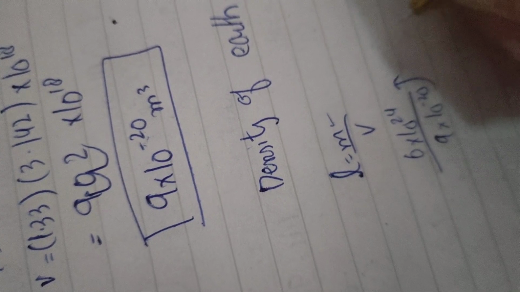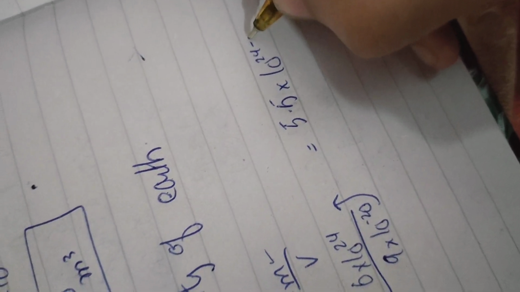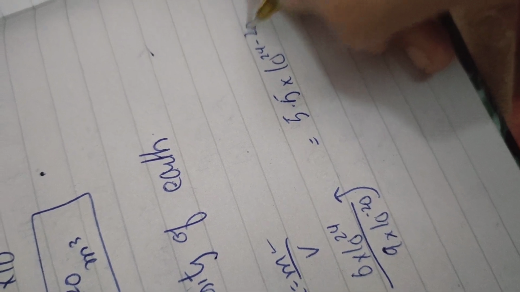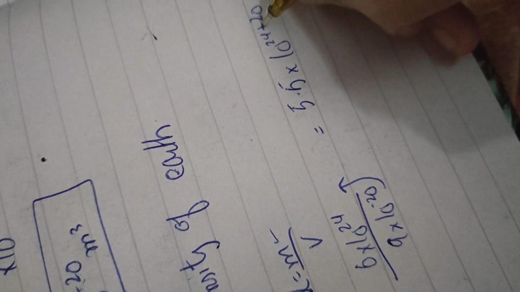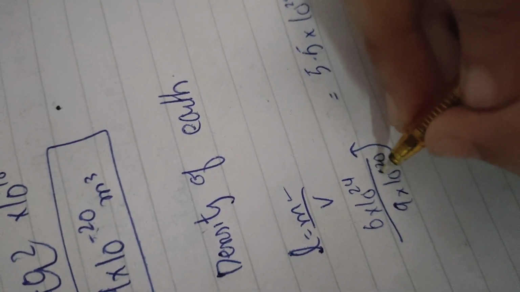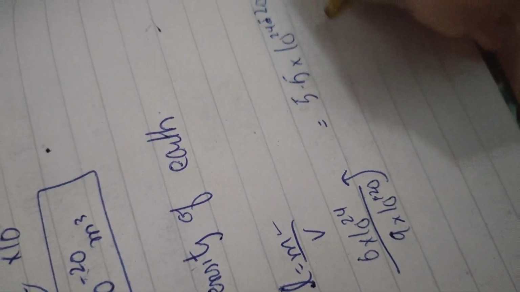When this 20 goes up, we multiply, 6 divided by 9, 5.5, into 10 to the power 24 plus... this is not minus, this is only plus.